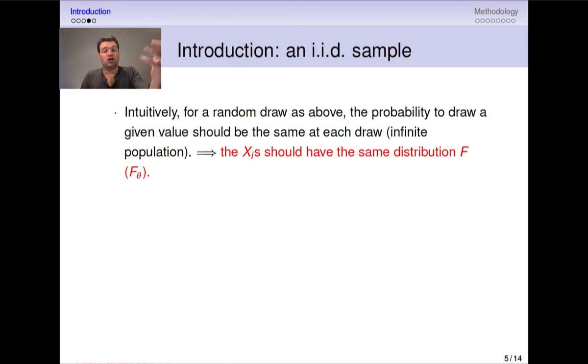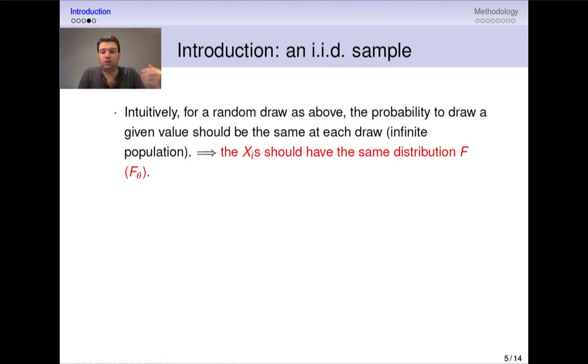That doesn't change the probability to pick a woman in the third row, even if for the first two rows you already picked a woman.